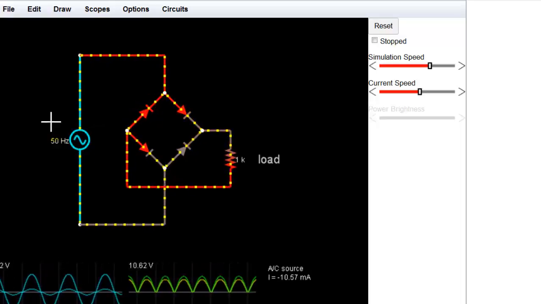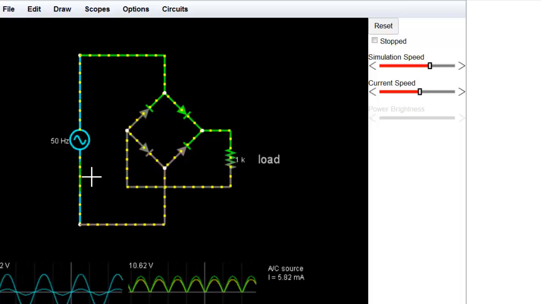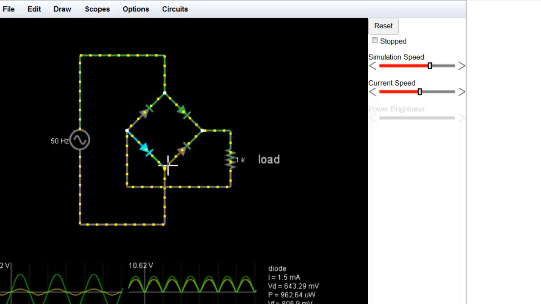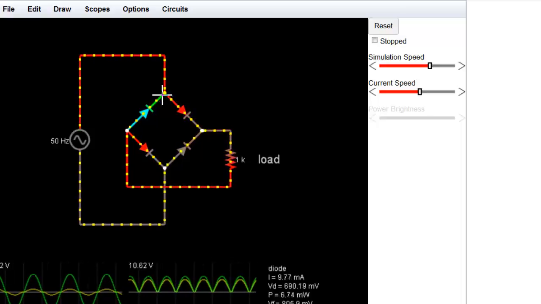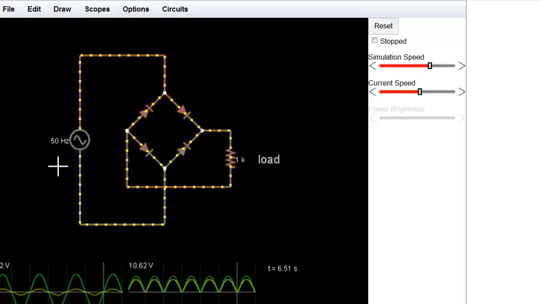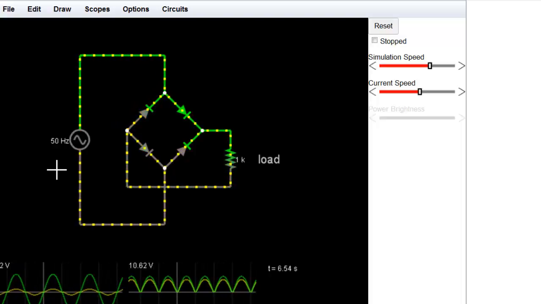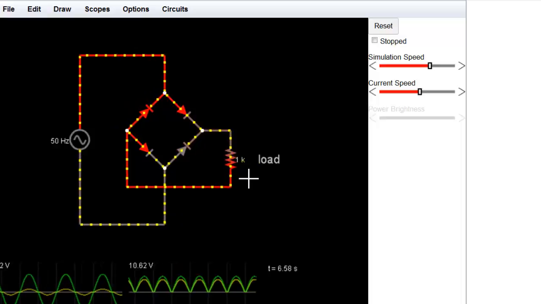So this way the positive pulse is completed, and in the negative part the other pair gets activated and returns back to the supply. So in this way the pulse DC supply is generated by the bridge rectifier and given to the load.